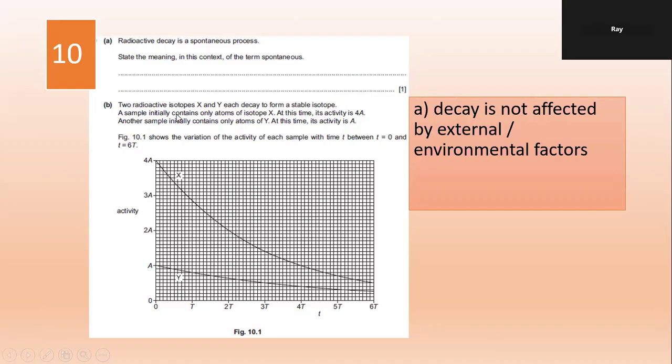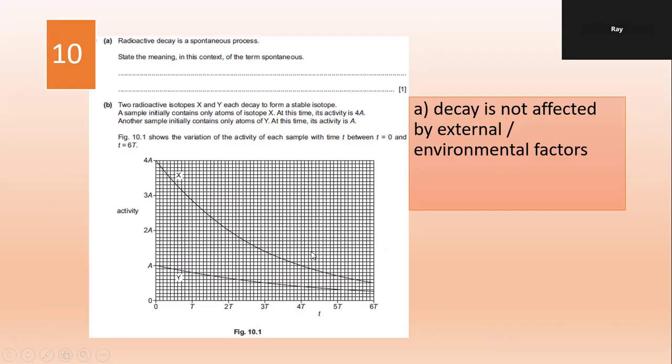A sample initially contained only atoms of X. At time t = 0, the activity is A. That's your starting activity for X. Another sample initially contained only Y, with activity A. Figure 10.1 shows the variation of activity of each sample with time, from t = 0 to 60.